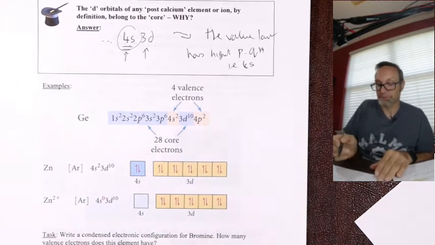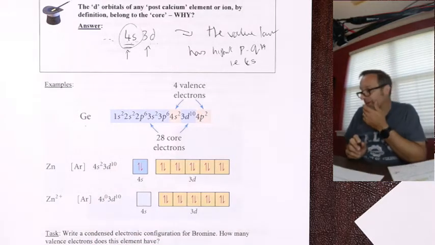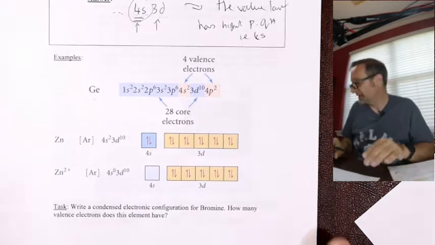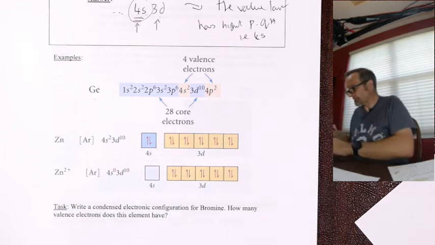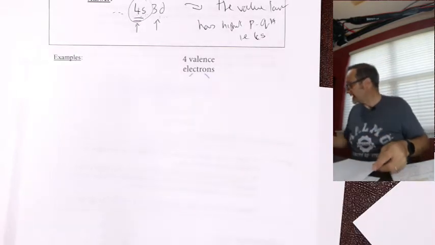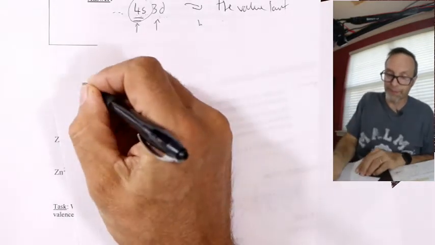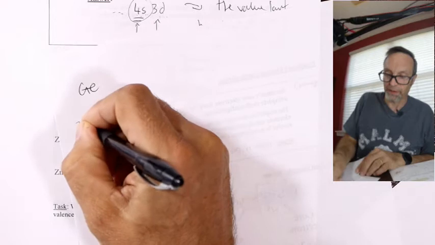If we look at germanium, and it's kind of an interesting thing. Let me just do a little picture here. Okay, so germanium is element number 32. GE, right? 32.